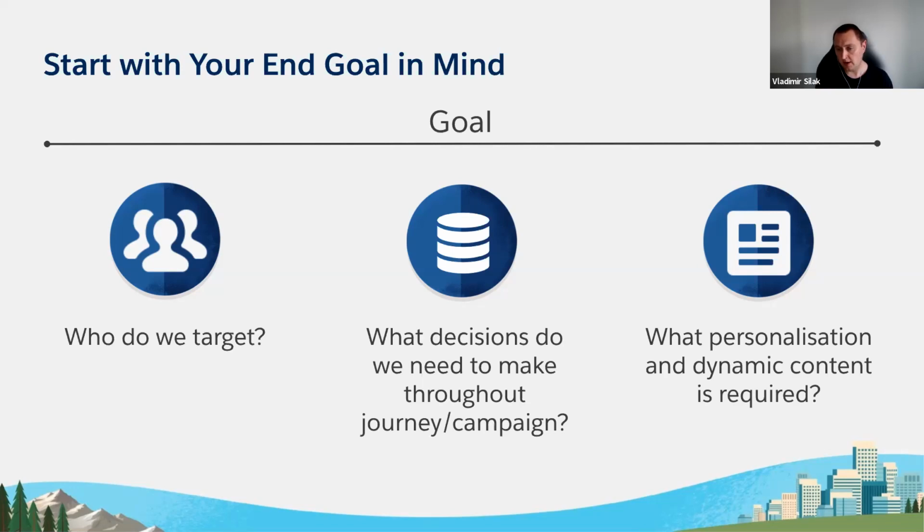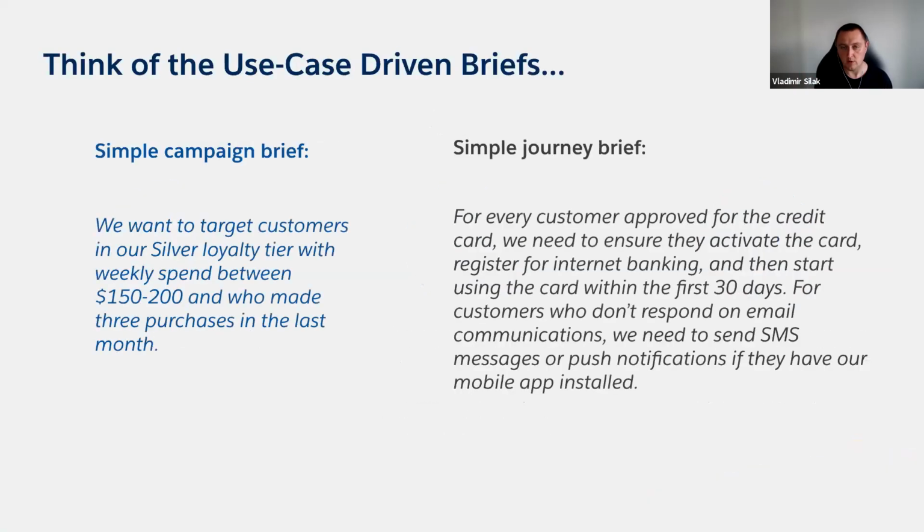And then the last part here would be what personalization or dynamic content is required for the actual messages. And that is important, because we now start looking into, do we need data attributes? Do we need to define the content itself and what content? Which channels do we deploy, and so forth. So really it's audiences, decisions, and then content. And then all it comes down to essentially is executing the workflow.